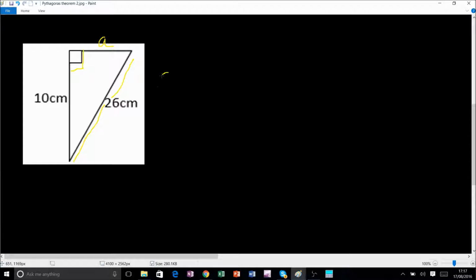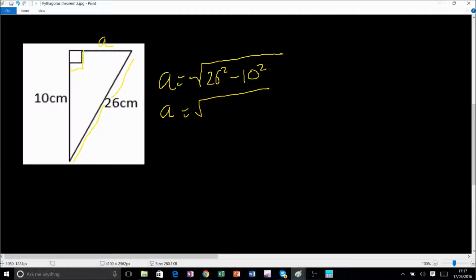Again, we're going to say A is equal to the square root of 26 squared, take away 10 squared. So A is going to be equal to 26 squared, take away 10 squared, which is going to give us 576.